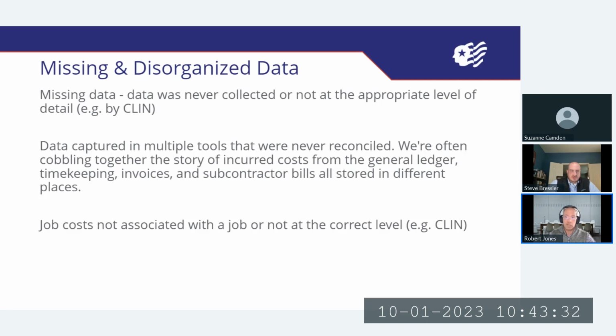If you have an IDIQ, the report is not done at the IDIQ level. The report is done at the task order or the delivery order level. Remember that the IDIQ is not an order, right? It's the agreement of how we're going to order, but it's actually the delivery order or the task order that is the order, and that's where we have to do the reporting. So again, that's another area where we've seen contractors not properly set up their data collection.